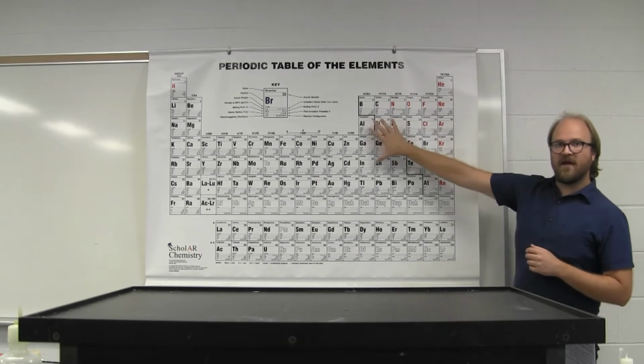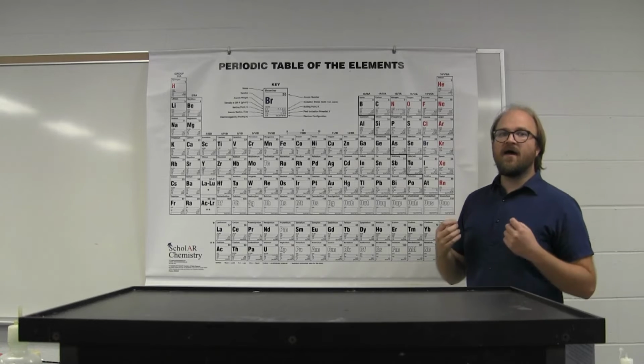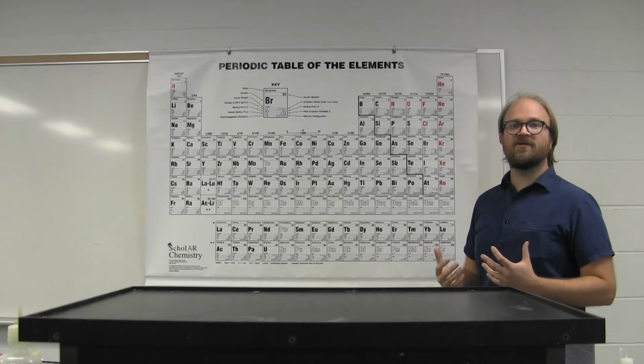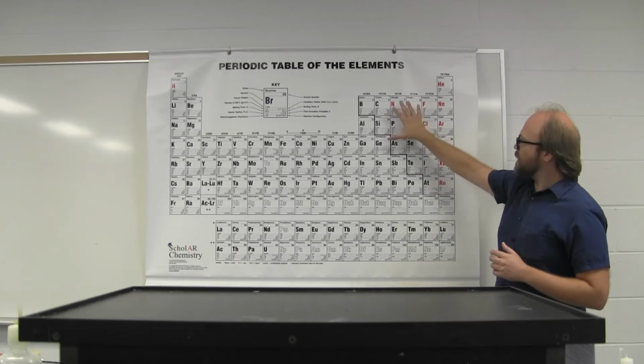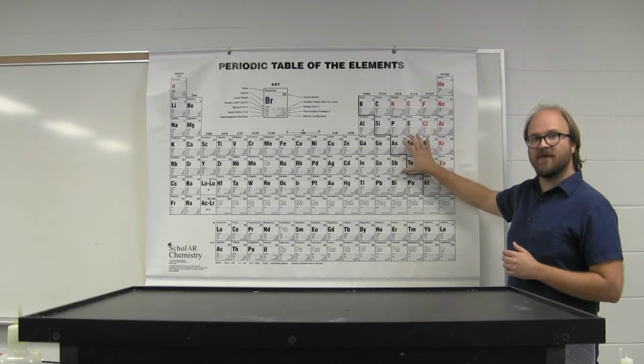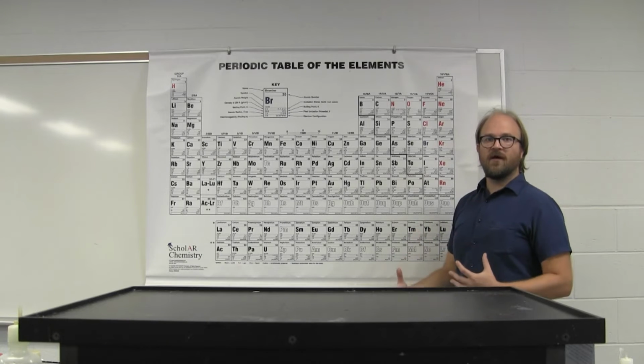The main block of elements, the post-transition elements, have a p subshell. The elements in the main block are able to hold 6 total electrons.